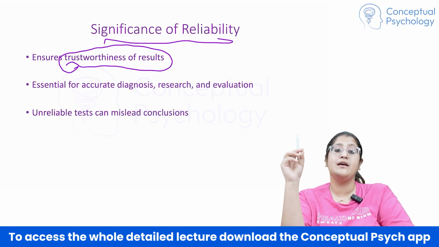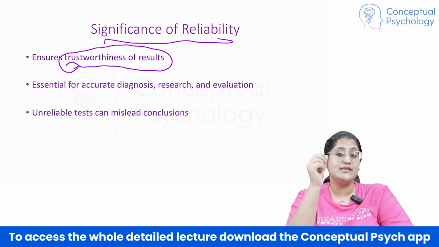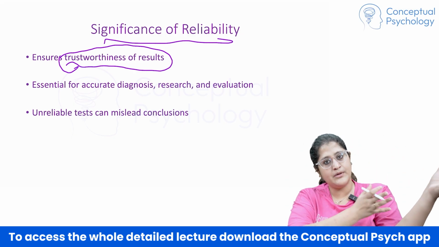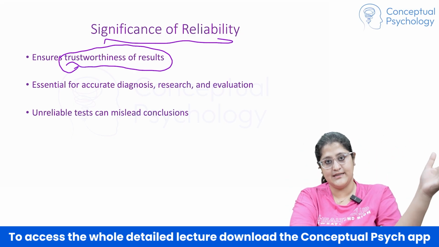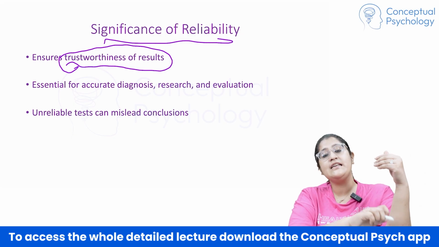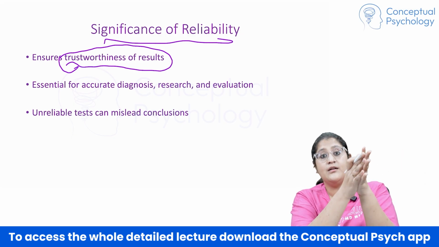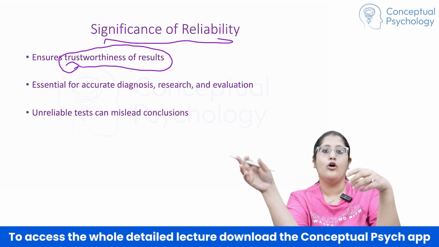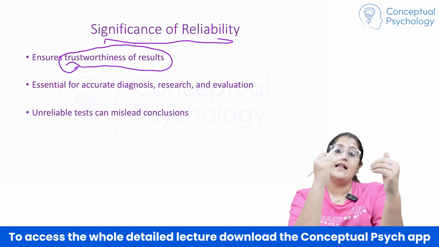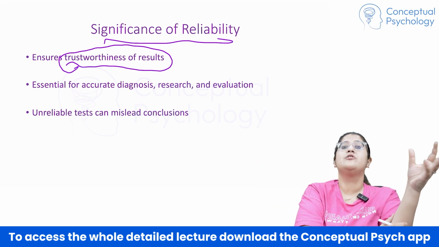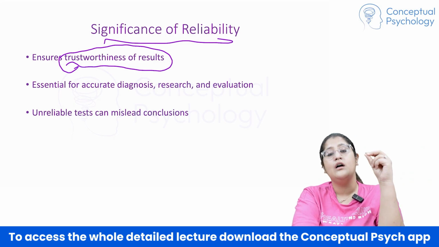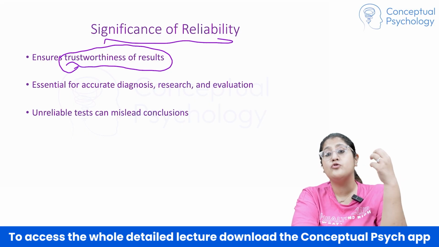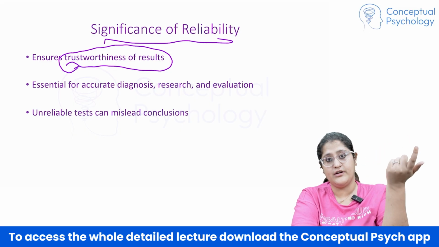Now the second aspect is accuracy. What does accuracy mean? For example, we were talking about internal consistency, right? If the test is internally consistent, meaning you have measured different facets of a particular trait and they are all showing the same results, they are all sort of agreeing with each other within the test, you can say that the test is accurate, right?